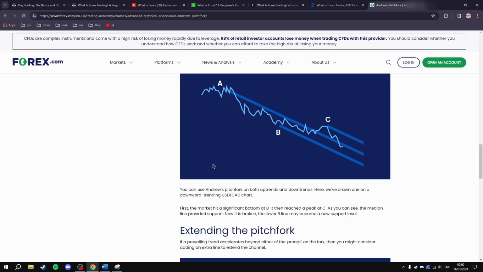Here we've drawn one on the downward trending USD/CAD chart. First, the market hits a significant bottom at B, so here. It then reached a peak at C. As you can see, the median line provided support. Now it is broken, the lower B line may become a new support level.